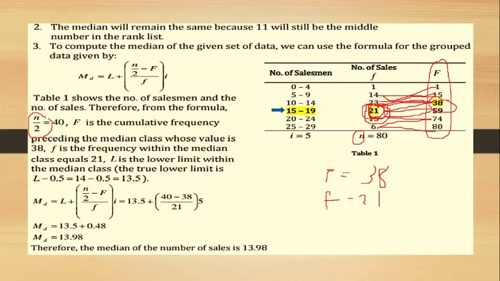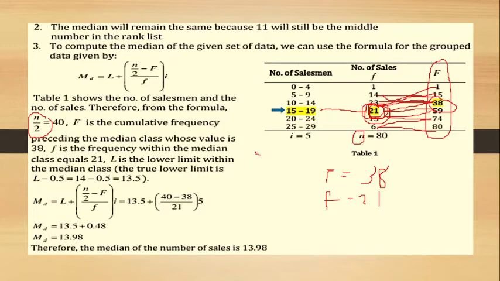And then, one step again to the left. These are the lower limit and the higher limit. So, for the 15 here in the lower limit, when solving, always subtract.